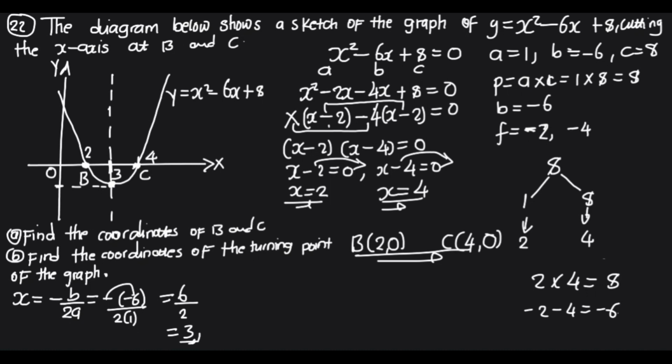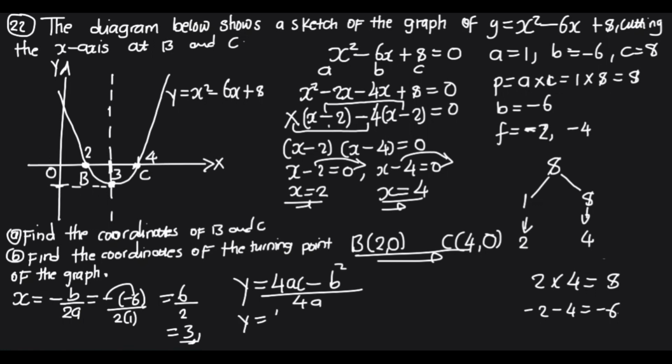So if we have the x coordinate, we need to find the y coordinate. We are solving for this number, so we are expecting to have a negative number. So y is equal to 4ac minus b squared over 4a. So this is the formula.